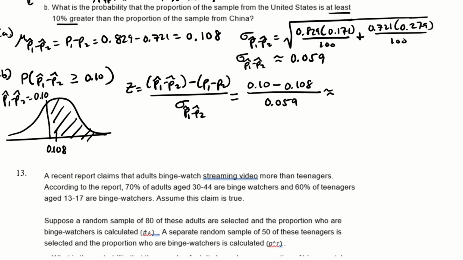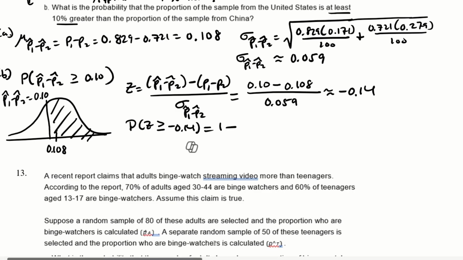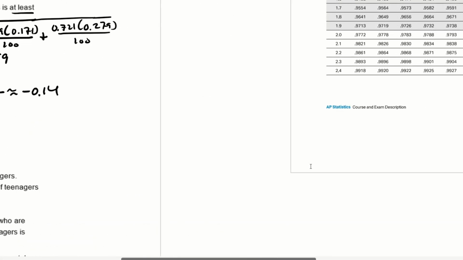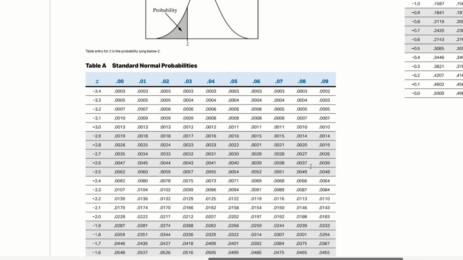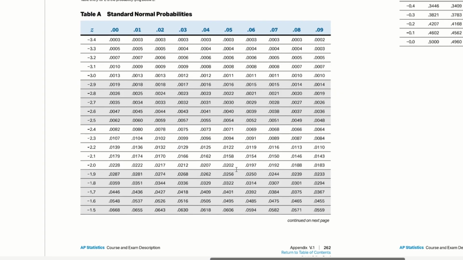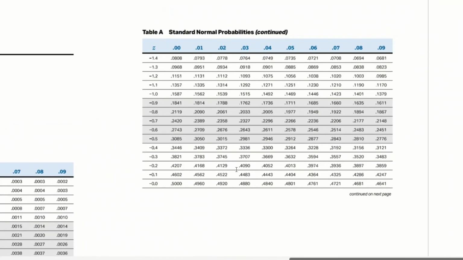So the probability that z is greater than or equal to negative 0.14, we have to do 1 minus, because it's the area to the right, so we do 1 minus the area to the left. Let's do negative 0.14 using our table. Negative 0.1 and then 4.